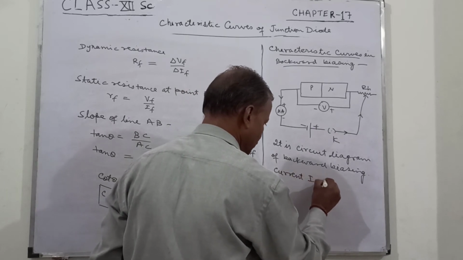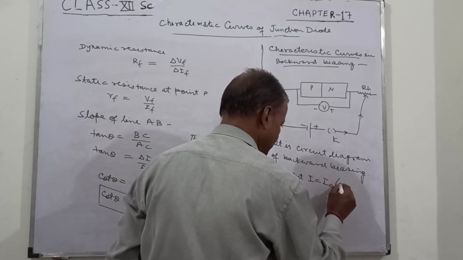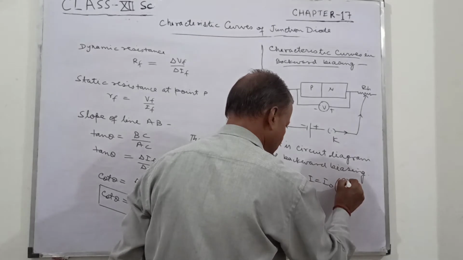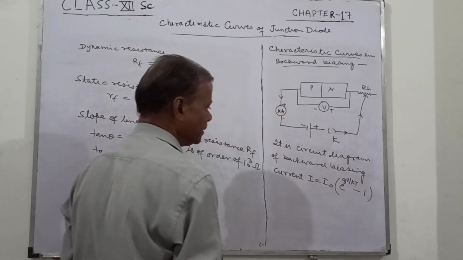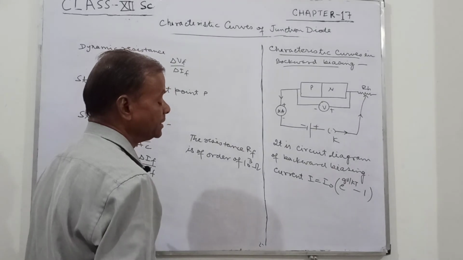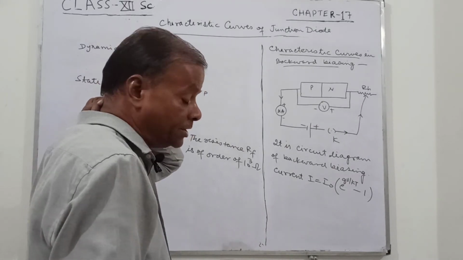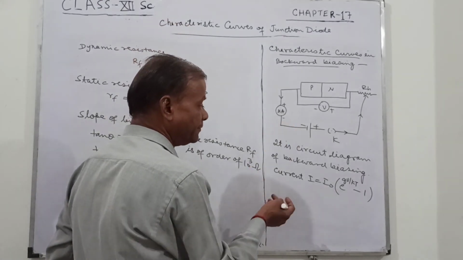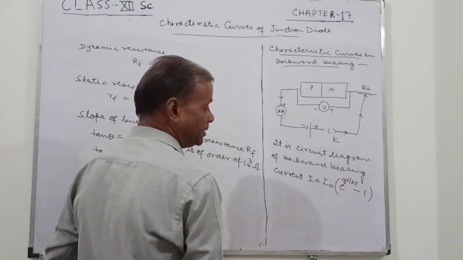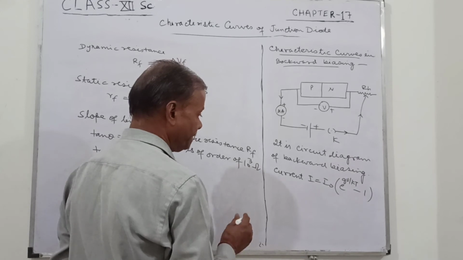Current I equal to I naught e to the power QV upon KT minus 1. So in case of reverse biasing, there is no current at all in the initial condition. So voltage is negative here. Because of that, this factor reduces to very small value.